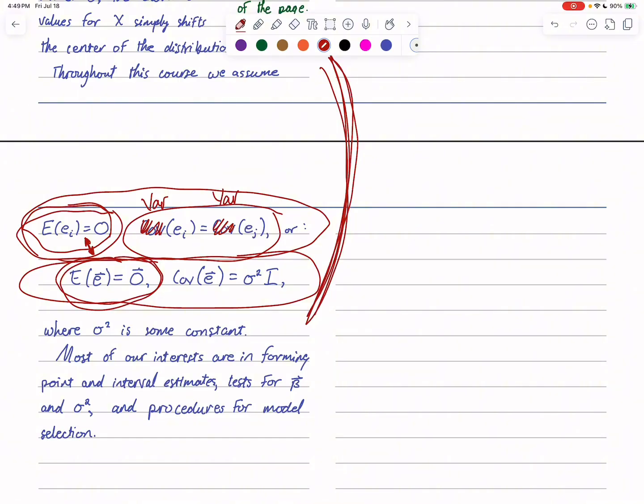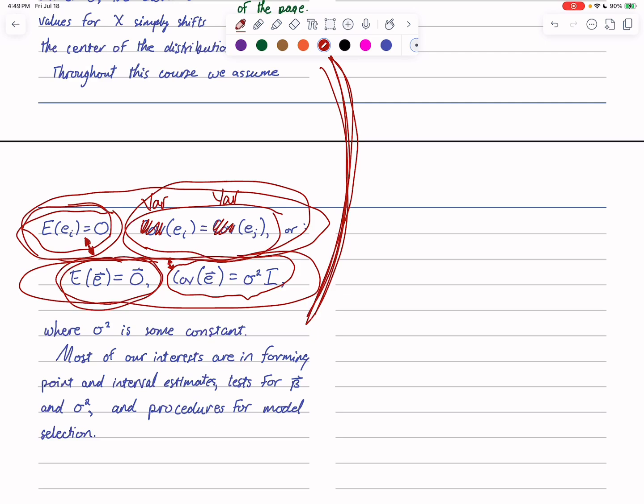And likewise over here, this statement about the covariance of the vector E says the same thing as what I was saying earlier, component by component. So this says component by component that any two of these random variables share the same variance.